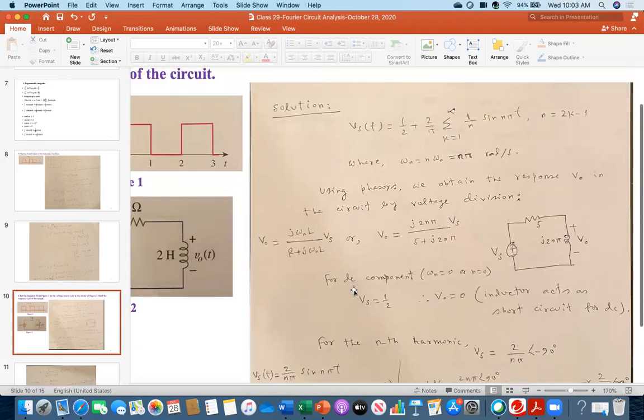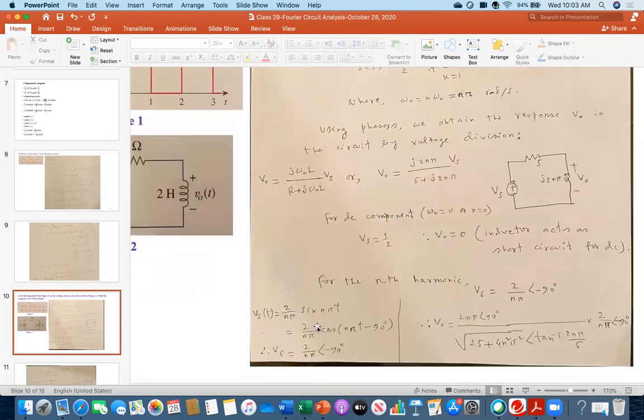For this portion, first I wrote here and I converted into cosine so that I can write in a good phasor format. After doing that, I am substituting this Vs value into this equation.